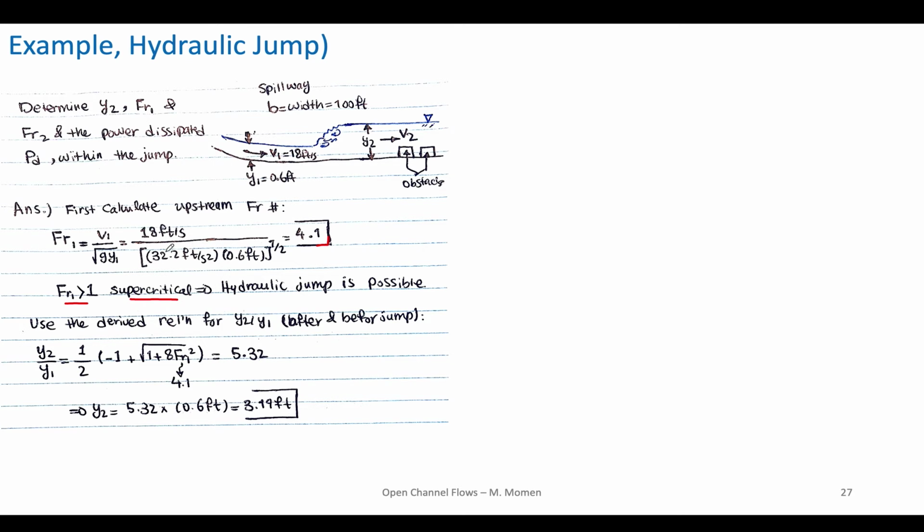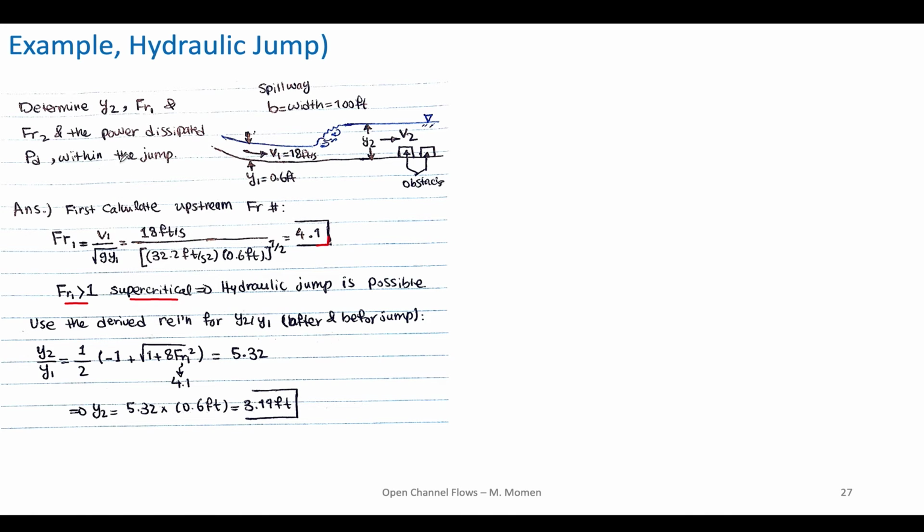When you have supercritical flow, a hydraulic jump is possible, and we showed that when you have subcritical flow, in which the Froude number is smaller than 1, a hydraulic jump is not possible because it is not going to satisfy the thermodynamics law, because the energy loss is going to be negative. Okay, so this is the only way it's possible: the upstream Froude number should be supercritical, or greater than 1.